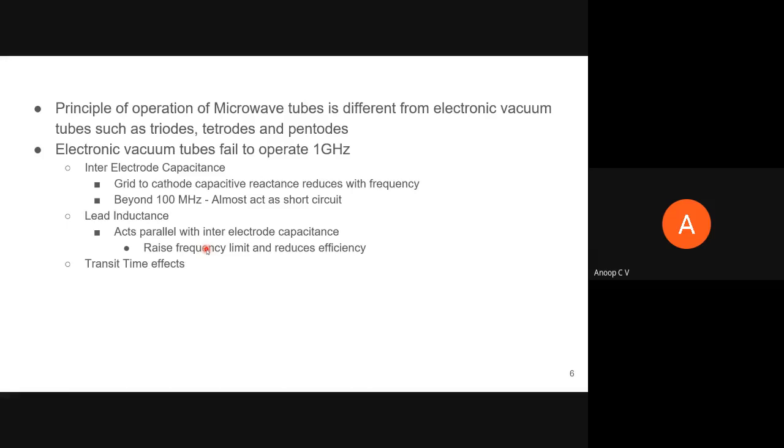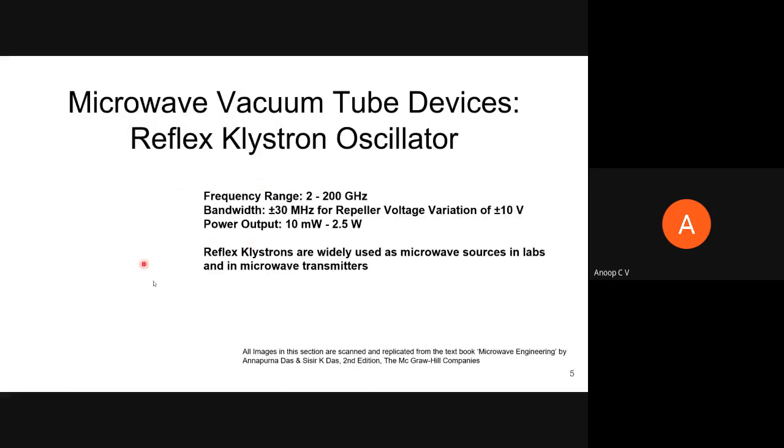One thing I forgot to tell: for this particular topic, the reference textbook is Microwave Engineering by Annapurna Das and Sisir K. Das, second edition, McGraw-Hill. I don't have a soft copy of this textbook, so I couldn't make it available in Canvas.